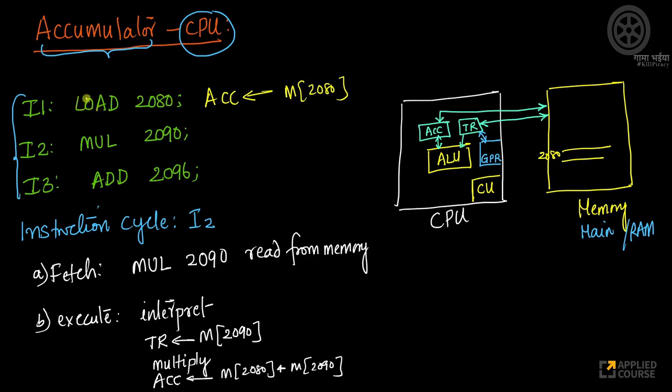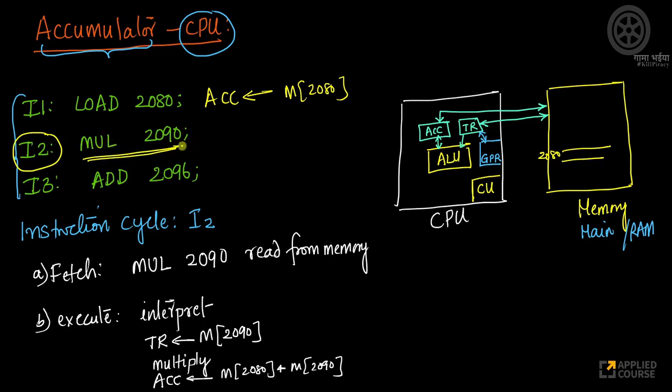Remember, here we are not saying explicitly to load into the accumulator, but by default this type of instruction will load it into the accumulator. Here comes the most important instruction. Look at this. Here we have an arithmetic or logical operation, mul, which means multiply. What this does is very interesting.